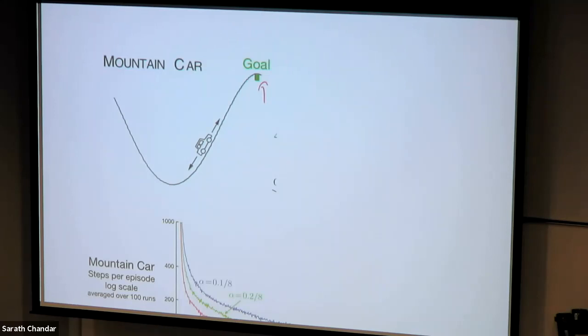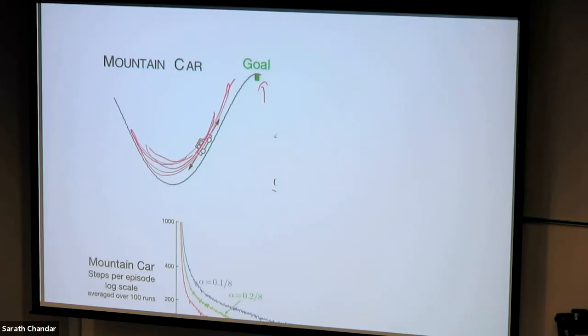Now, how would you solve this problem? You develop momentum. If you want to cross here, against gravity, you go here so you develop momentum, you do this, you do this, you do this. As you can imagine, this is a really hard problem for reinforcement learning agents.